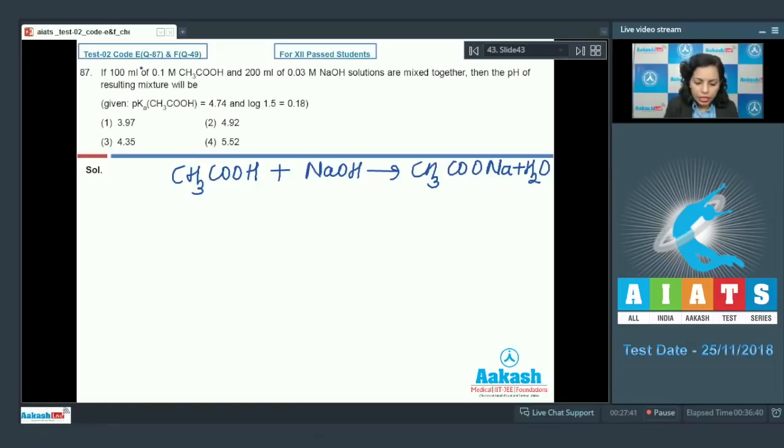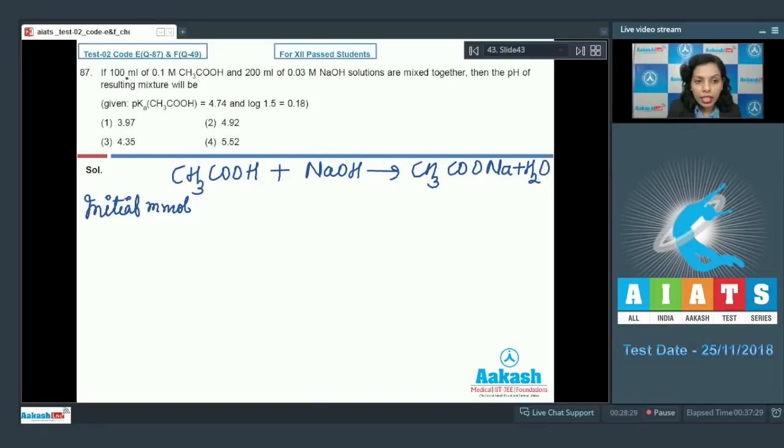Now, if you consider the given concentration, 0.1 is for acetic acid and its 100 ml is taken. So we can easily find out the millimoles using this. We know that initial millimole we can calculate. 0.1 molar solution is there, 100 ml is the volume, so millimoles would be 0.1 into 100, because we know that molarity of a solution is the number of moles of solute present in its 1 liter.